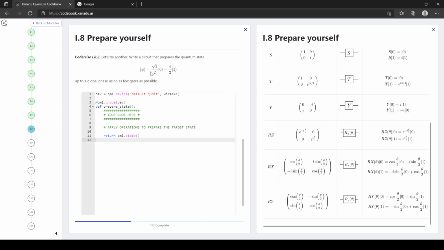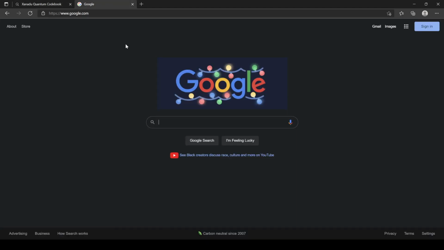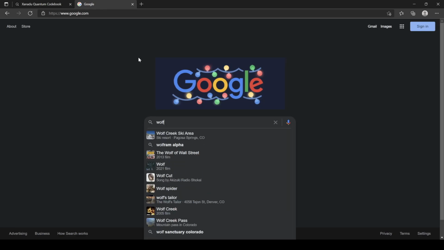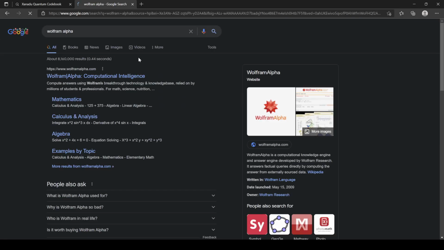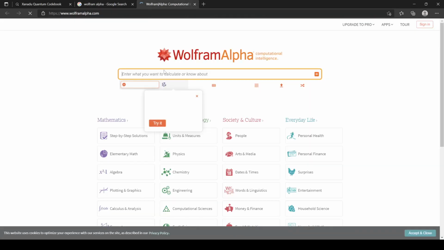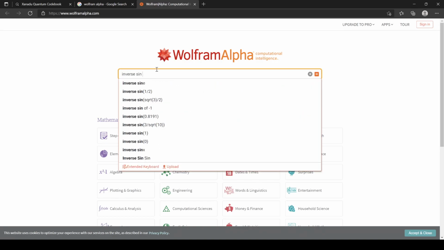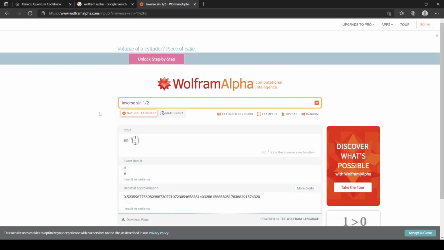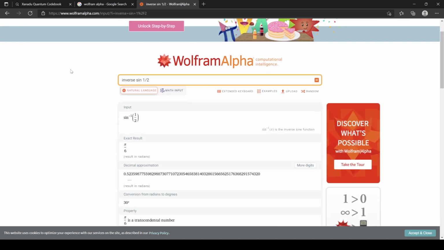So now we just need to figure out what would give us cosine of theta over 2 equals square root of 3 over 2, and sine of theta over 2 equals 1/2. Maybe I'll just go to a calculator online, very nice Wolfram Alpha, and we'll do the inverse sine of 1/2. We can see that this is pi over 6.